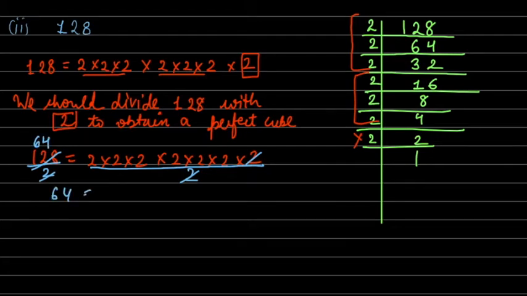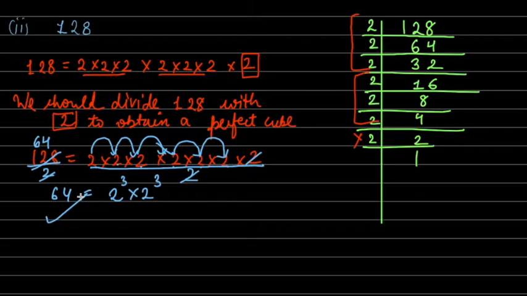So 64, right? 2 2s are 4, 4 2s are 8, 8 2s are 16, 16 2s are 32 and 32 2s are 64. So you get 2 cube into 2 cube.